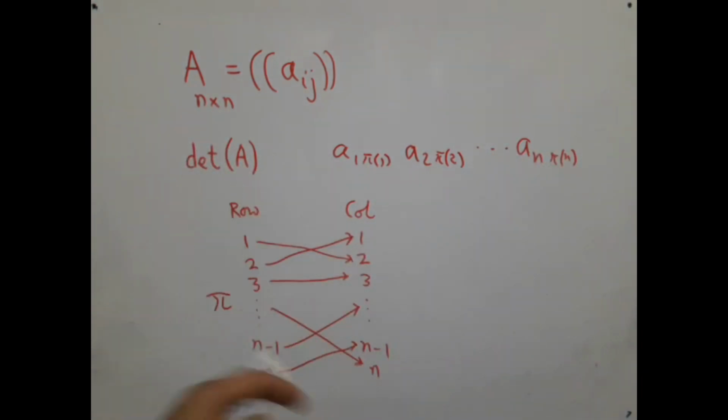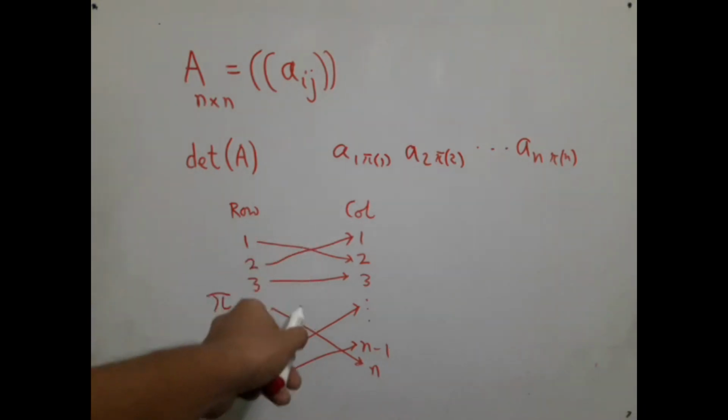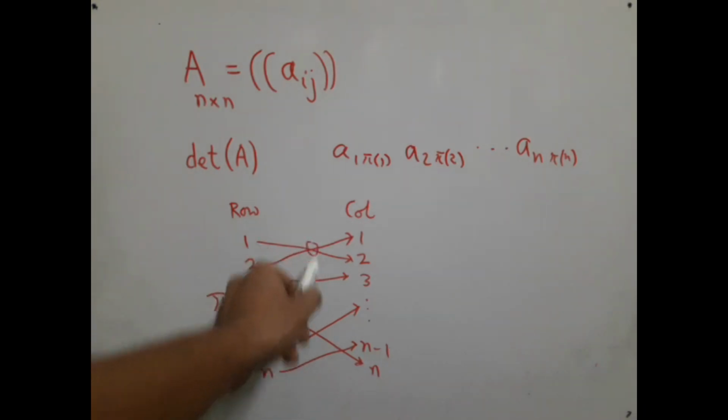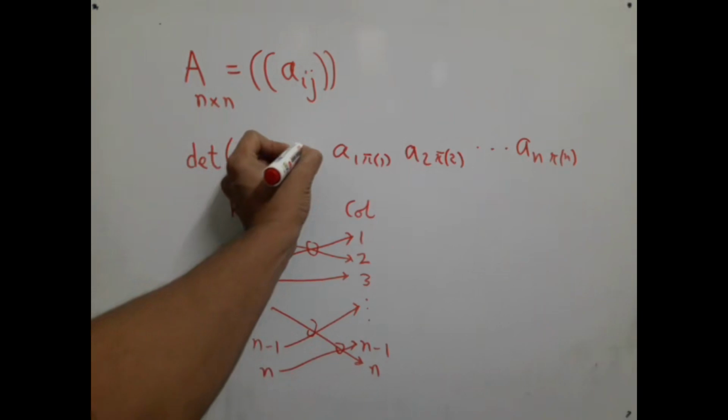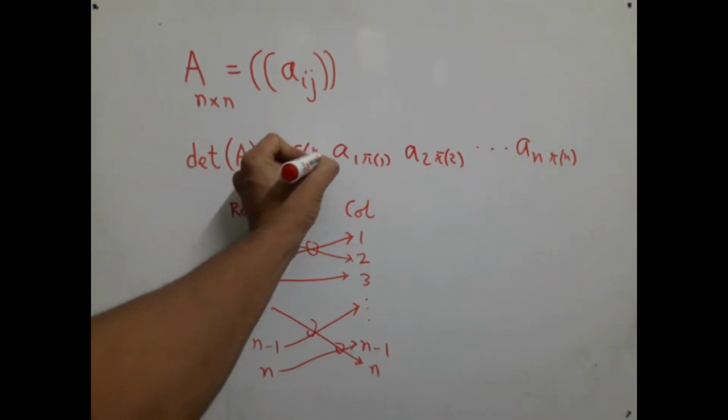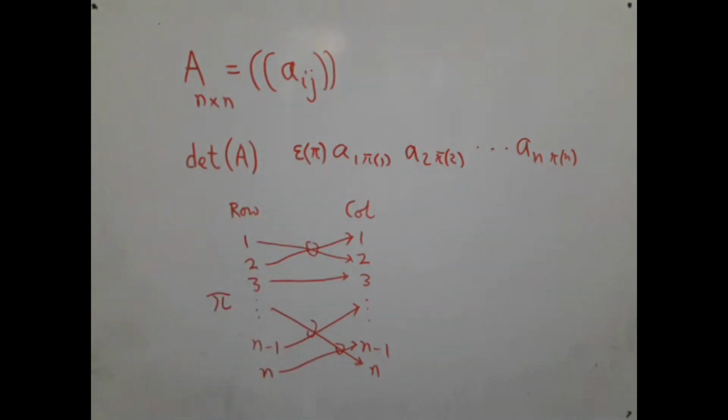With this, I will multiply it with a sign. For that, I will count the number of crossings. I can see 1 crossing here, 2 crossings, 3 crossings, and there are more crossings in the dot dot part. So there is no straightforward way of writing it, so I will just use a symbol. So epsilon pi will be what is called the sign of the permutation.